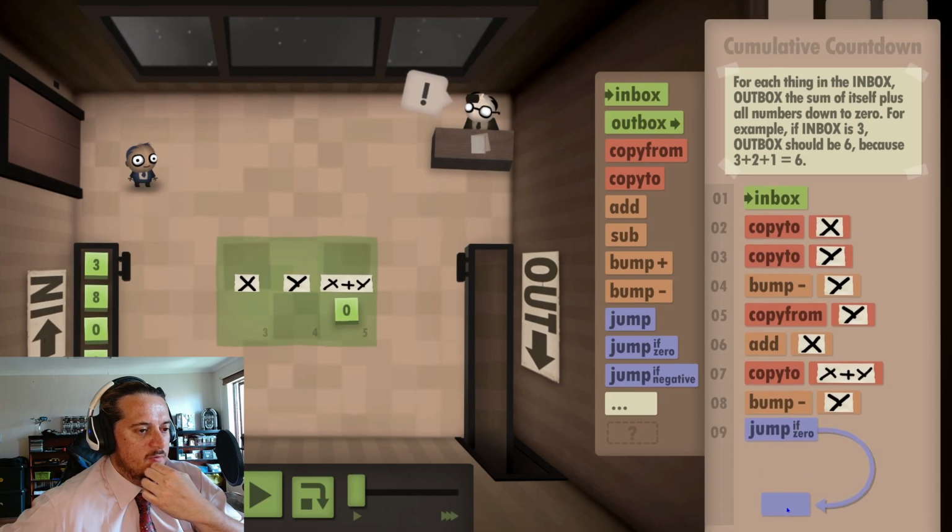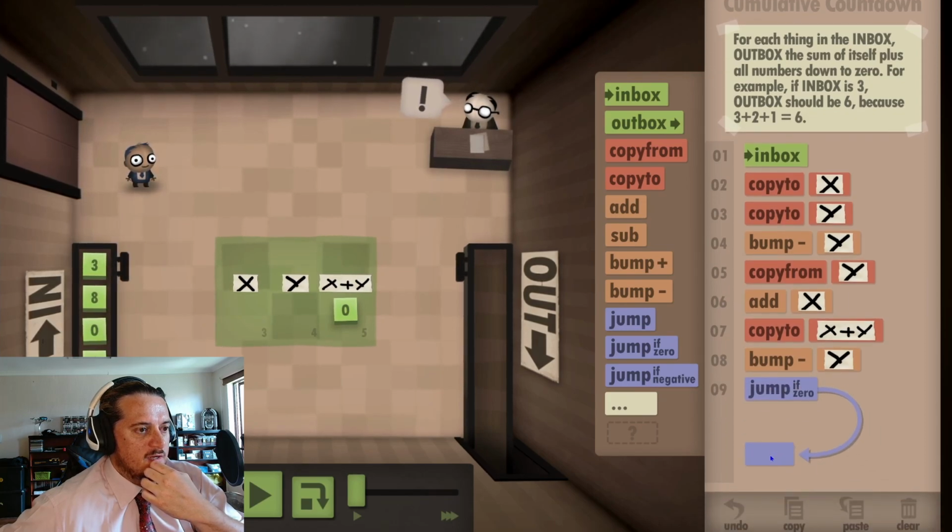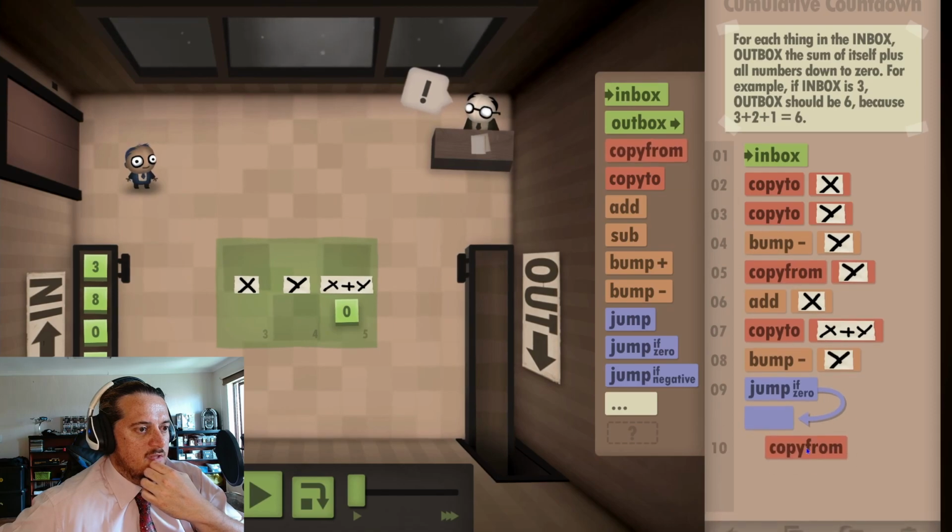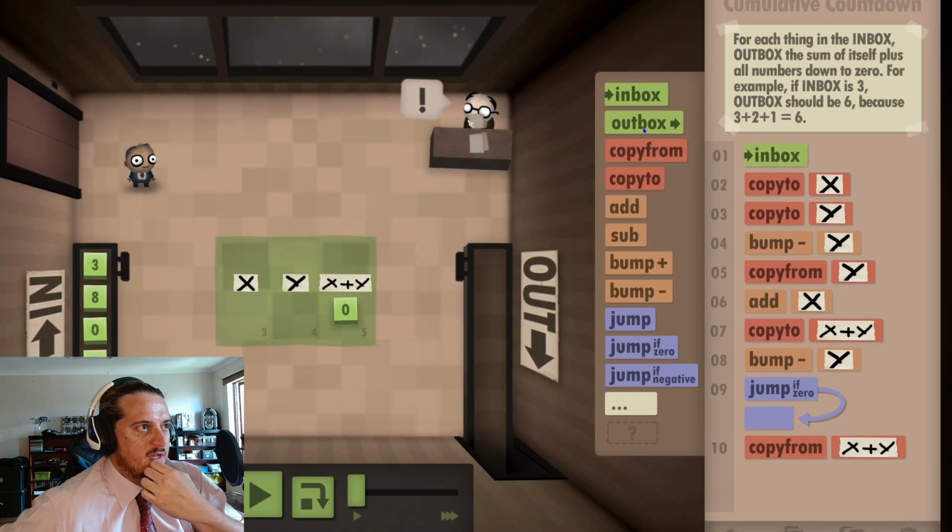Jump if 0 will obviously take the X plus Y and move that to outbox.